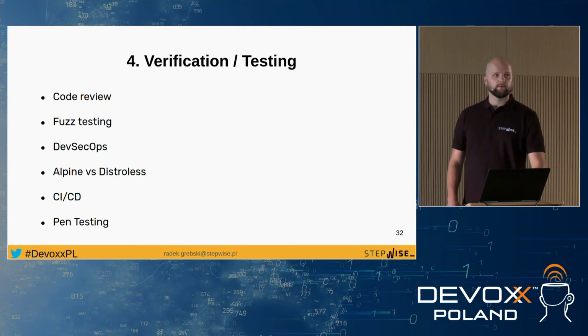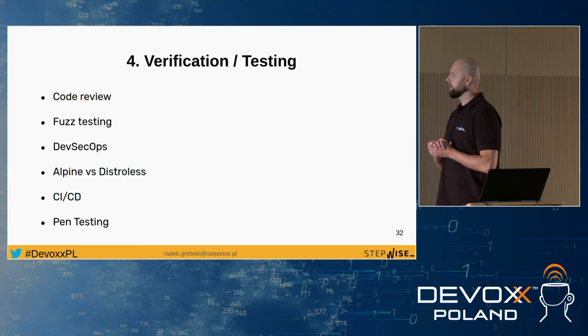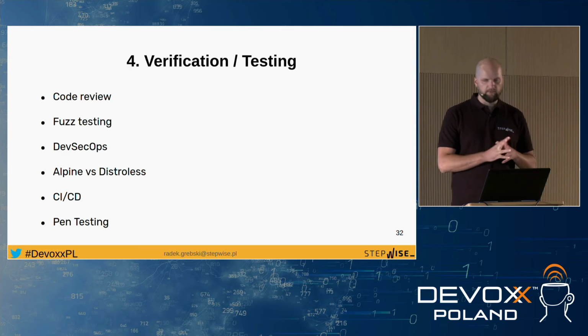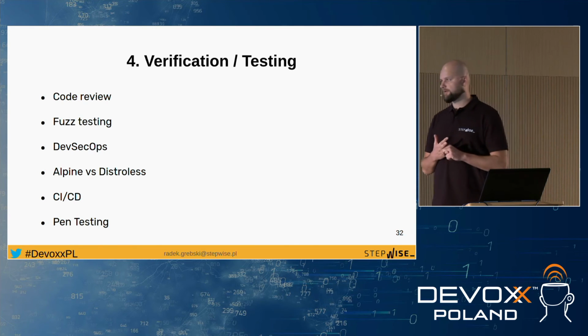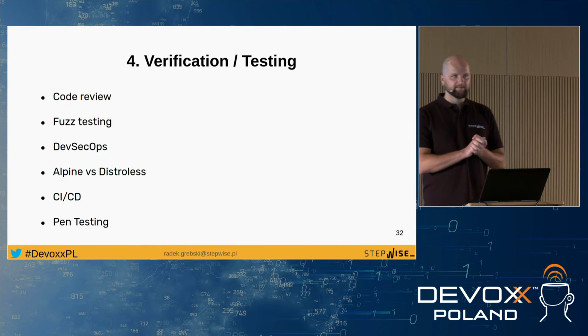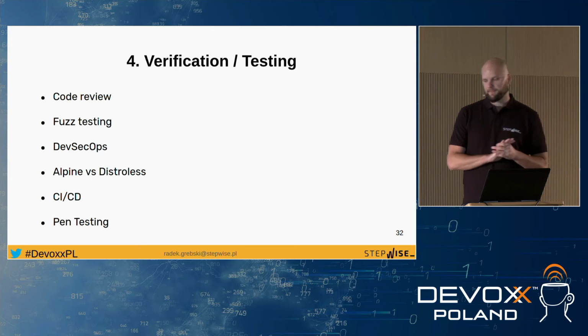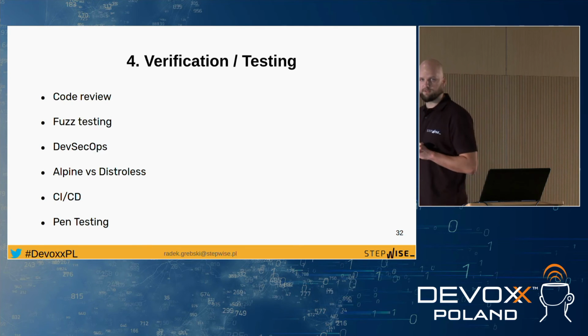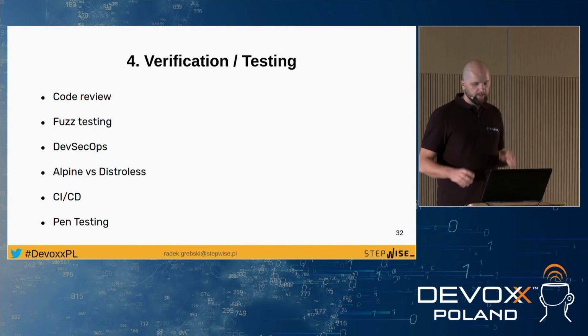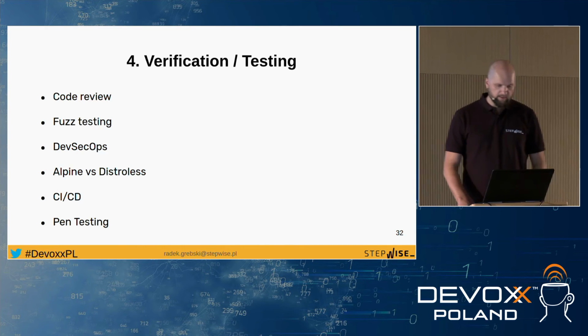Okay, so after implementation, we have the verification and testing phase. Of course, here we should also take a closer look at the critical areas of our application. We should consider doing fuzz testing, which is testing our application with random data and seeing how it behaves under such input.